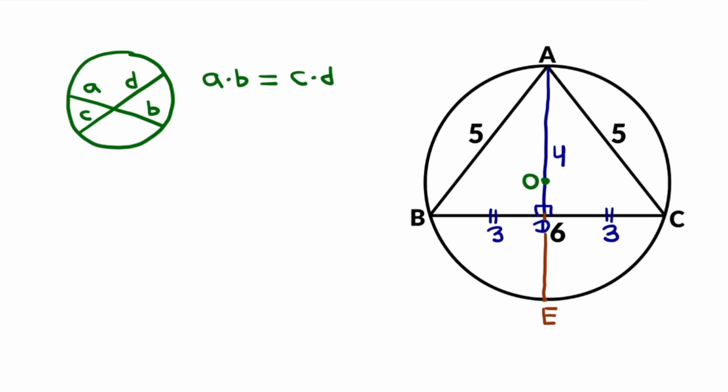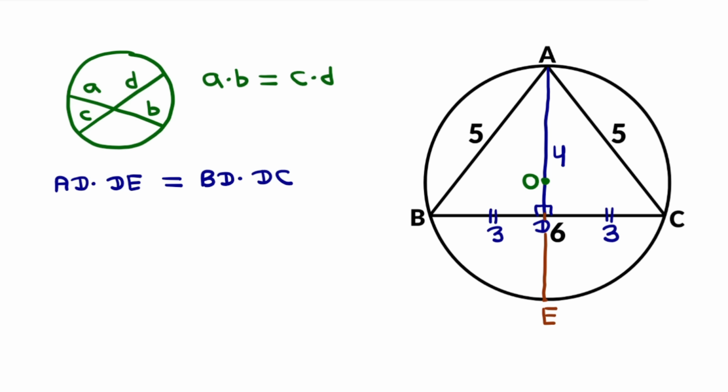In our diagram, the 2 intersecting chords are the vertical chord AE and the horizontal chord BC. They intersect at point D. So the theorem gives us AD multiplied by DE equals BD multiplied by DC.